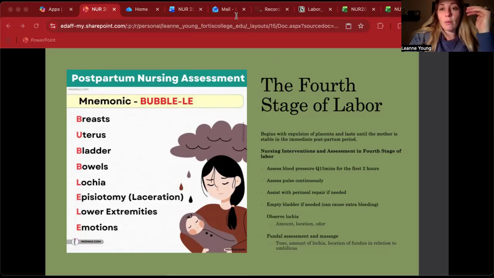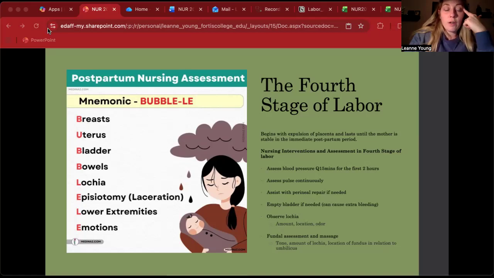Usually it's right at the belly button line, maybe a little bit above, maybe a little bit below. We'll talk about that more later in this class. But when we talk tone, just like is it hard, firm, soft, whatever. And then we're doing our fundal checks and we're making sure mom's bleeding stays under control.